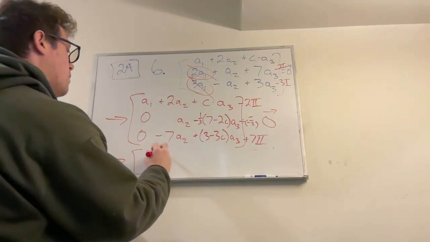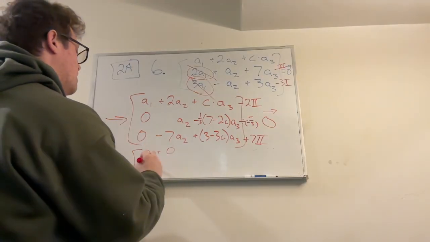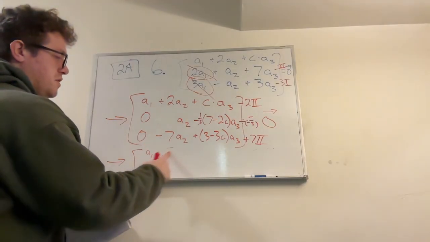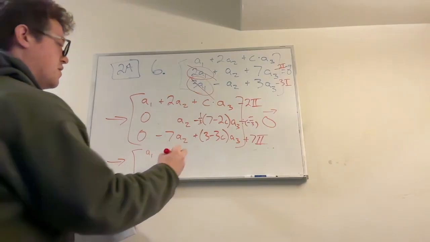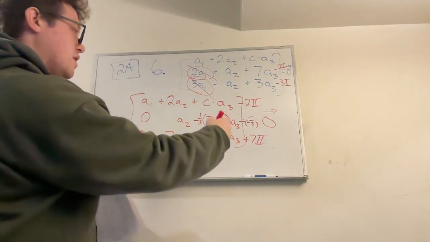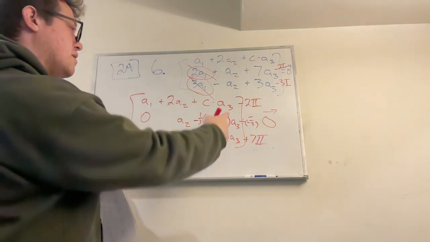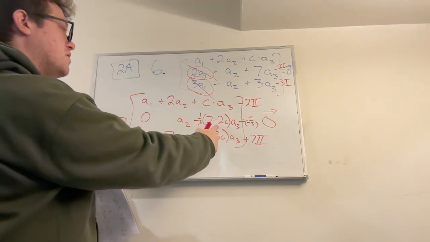So we get A1 plus 0, or I'm just going to leave out the zeros. So A1 plus 0 plus -2 of these.